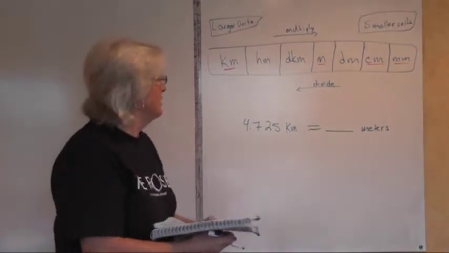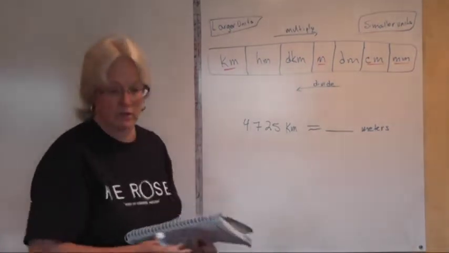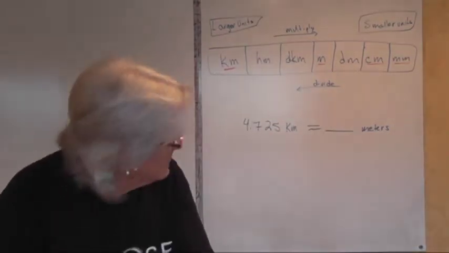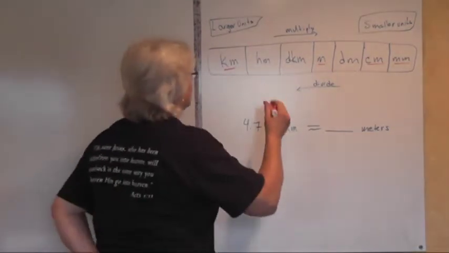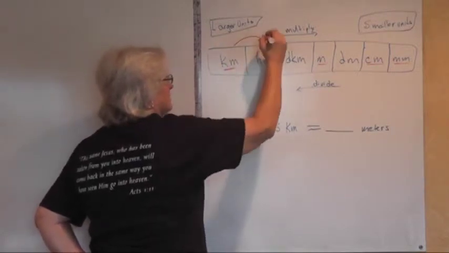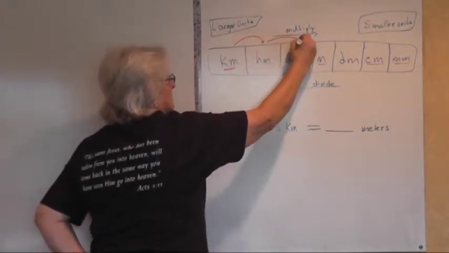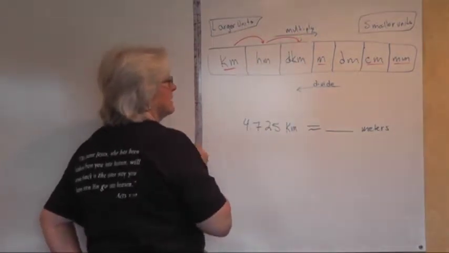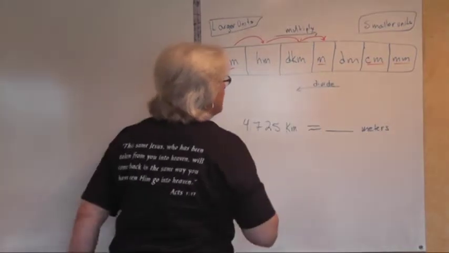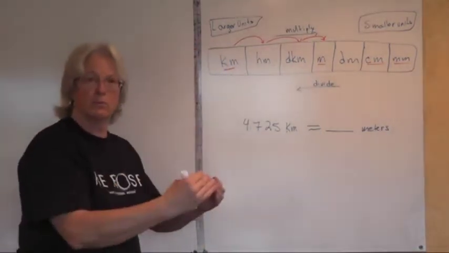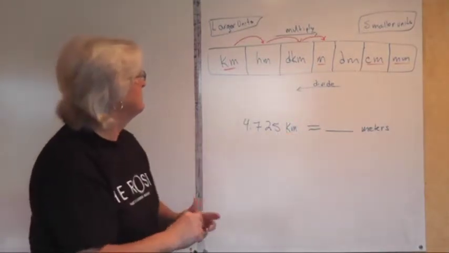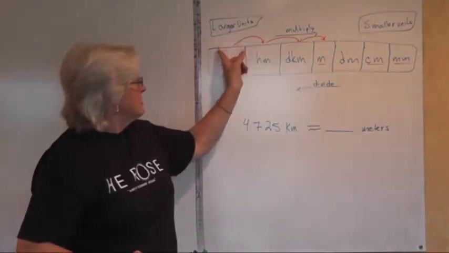We're going to start here on the kilometer side, and we're going to move one space to get to hectometers. Another space to get to decameters. Another space to get to meters. Multiply first, multiply again, multiply a third time.